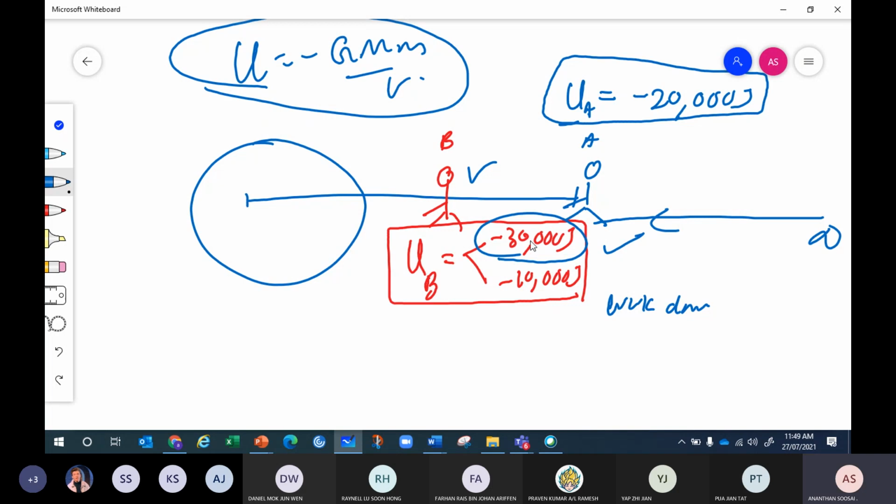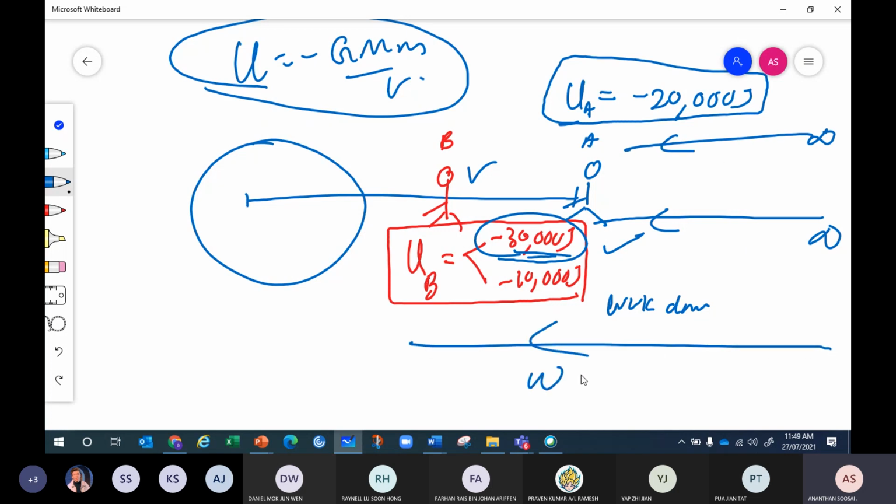Why should it be 30,000? Why must the magnitude be big? Because the work done to bring the mass from infinity to B is greater. Which one is the greater work? The work done to bring it from infinity to B should be greater, in terms of magnitude. So it should be 30,000 joule, because of the greater distance.